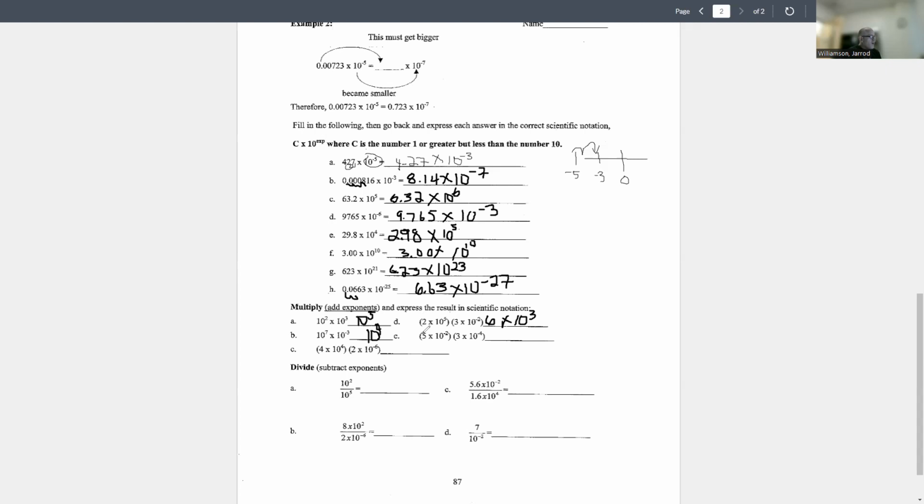Here I got 5 times 3 is 15 times, I got 10 to the minus 2, times 10 to the minus 4. That's going to be 10 to the minus 6.